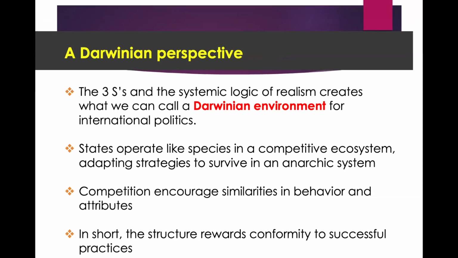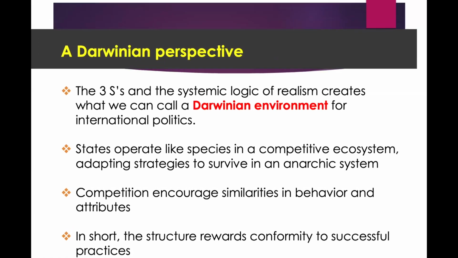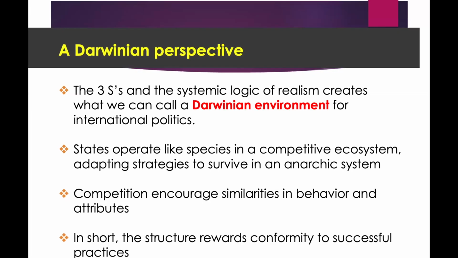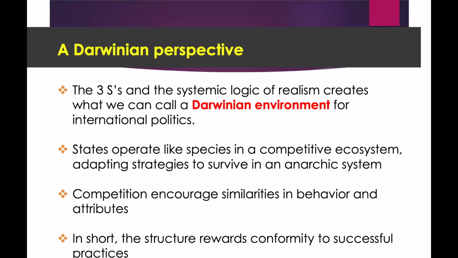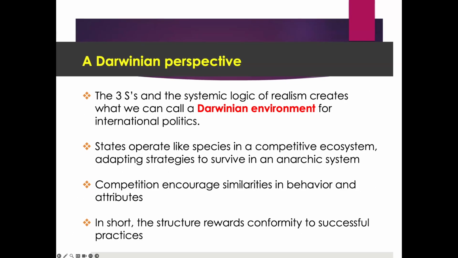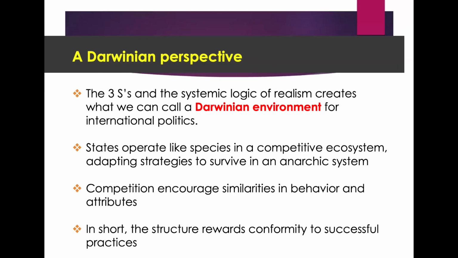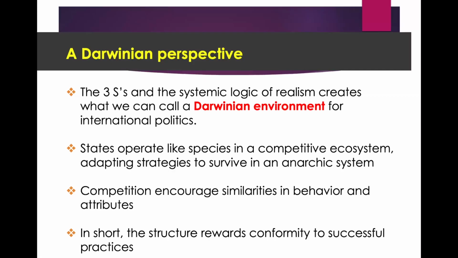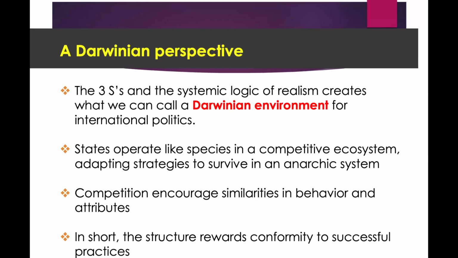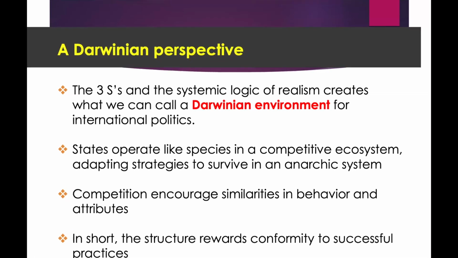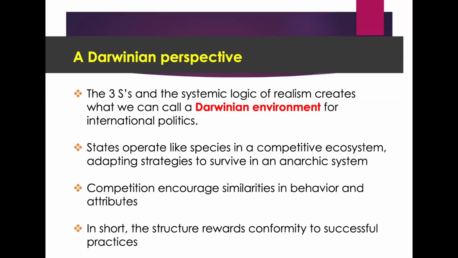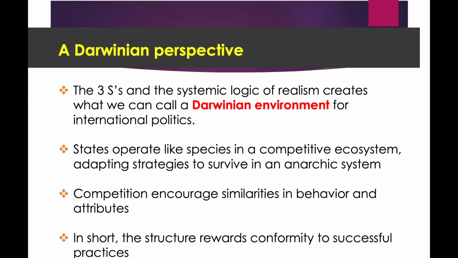So in short, the structure rewards conformity to successful practices that lead to state survival. In other words, states learn and conform. Successful practices spread, dysfunctional behaviors disappear. The system rewards security seeking and punishes pacifism. A Darwinian environment for international politics.